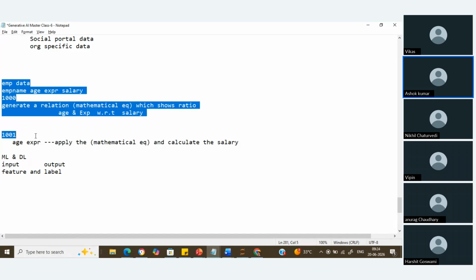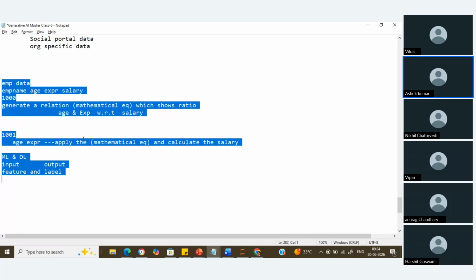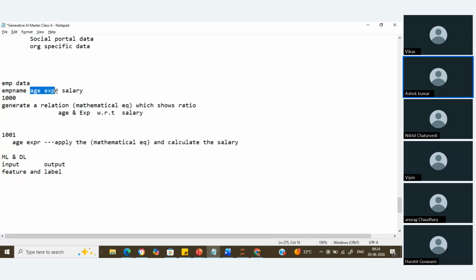But I'm not able to generate new content. If someone has age, experience and salary, and you need to fetch the information about where the person is living, can I do that? It is not possible with machine learning if the relationship is not there.